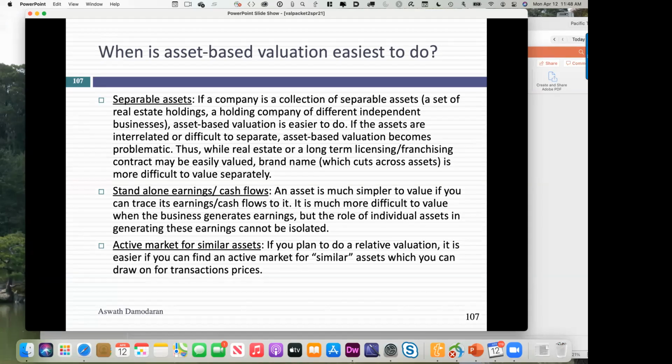I take your 3 Boston properties and price them against other Boston properties. I take your 2 New York properties and price them against other New York properties, and your 3 LA properties and price them against other LA properties, and I come up with an overall price in the company. Each property is separated, they're separable. Each property has its own cash flows, and each property has similar assets that I can use to price the property.